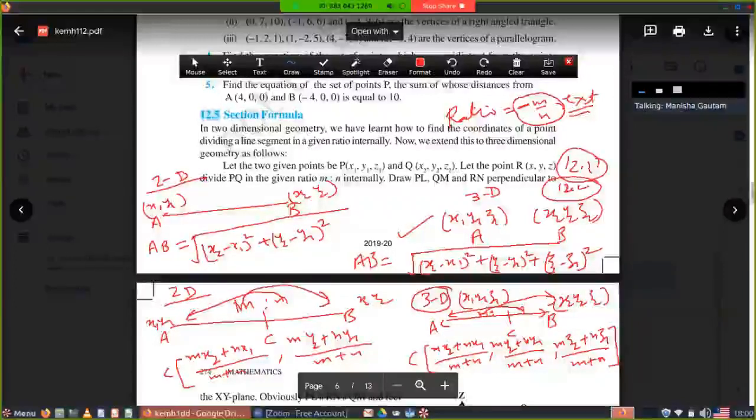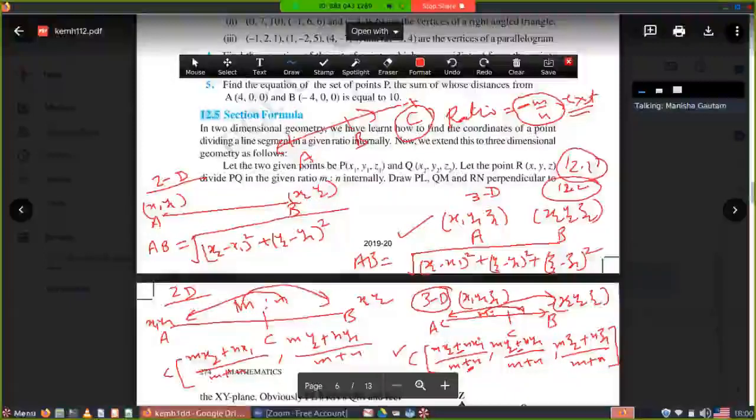The same is here. If this point C, whose coordinates I have told you, divides the line segment AB outside of the line, then the coordinates of C can be calculated by the same formula in which the change is that a minus sign will be there.